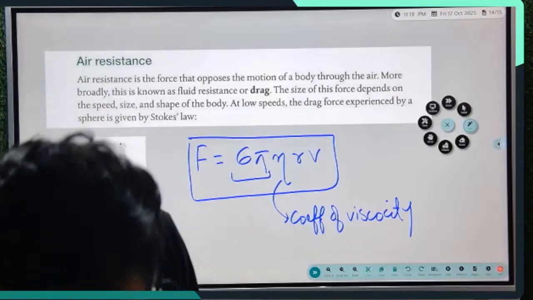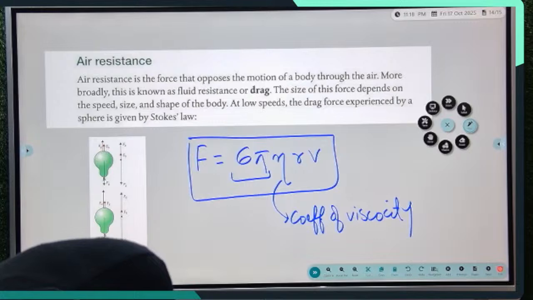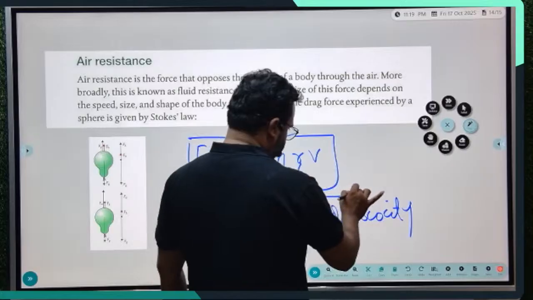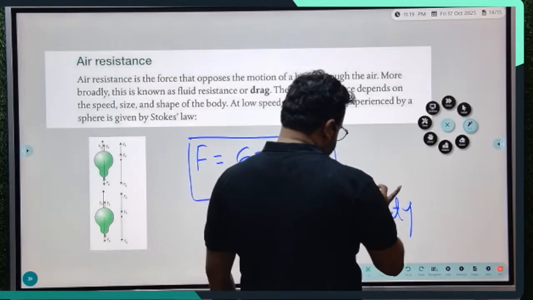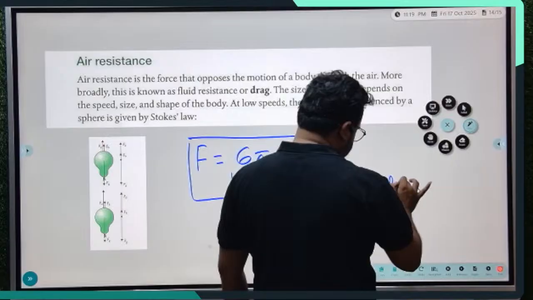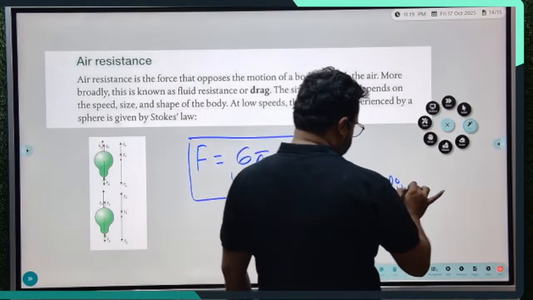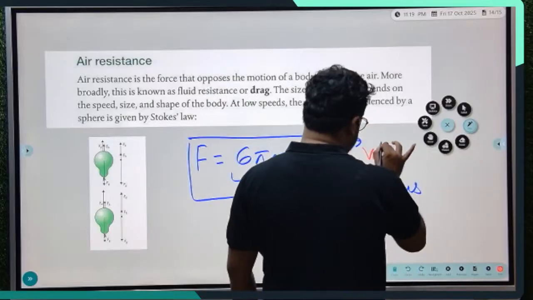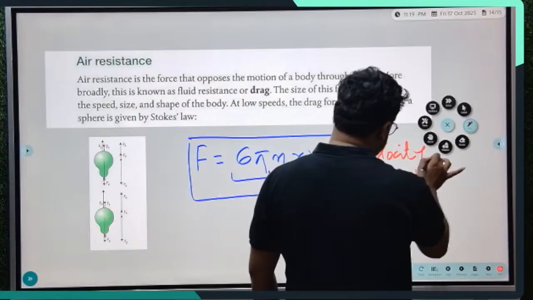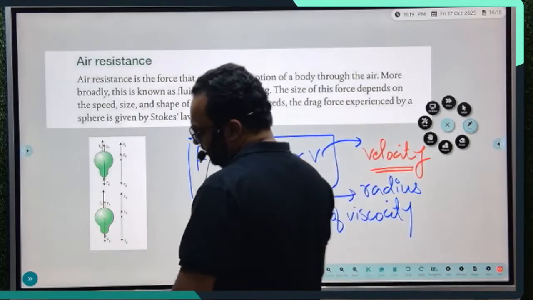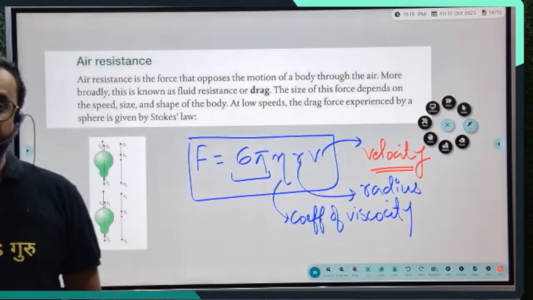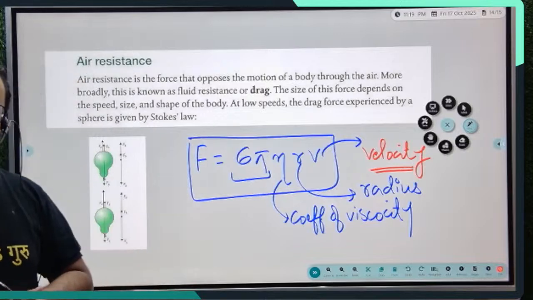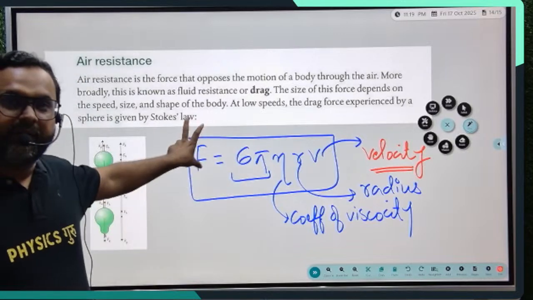R is the radius. And V is velocity. So F equals 6 pi neta RV is nothing but the buoyant force. Clear? Please write it down.